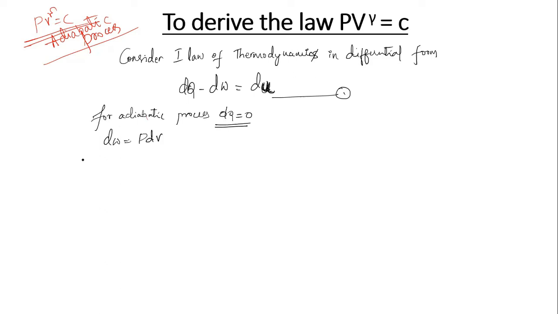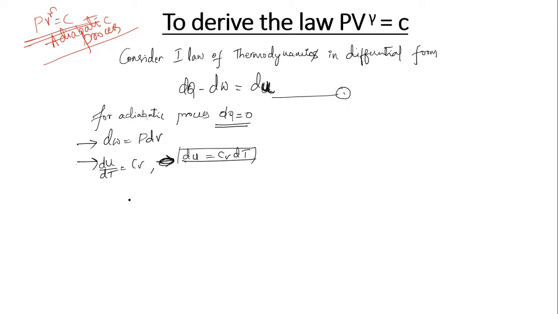That is from the fourth expression. And also du by dT is equal to Cv. Therefore du is equal to Cv dT.